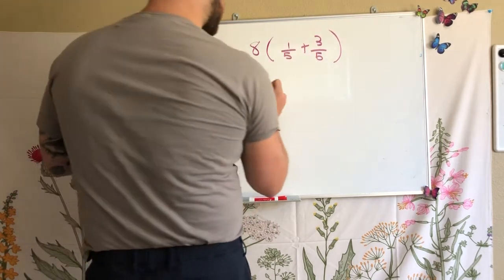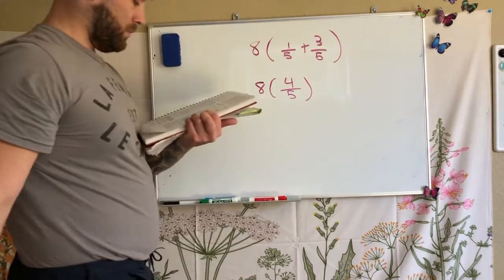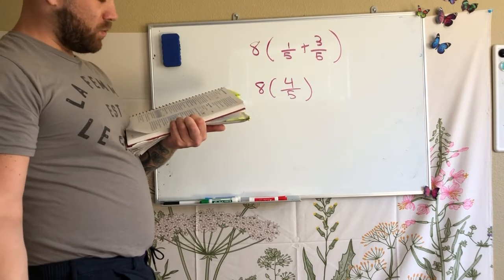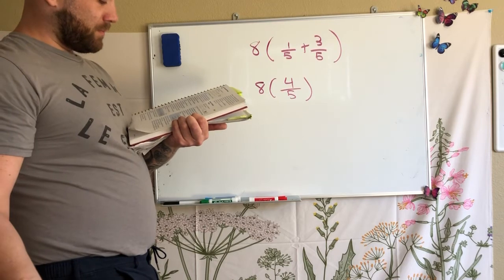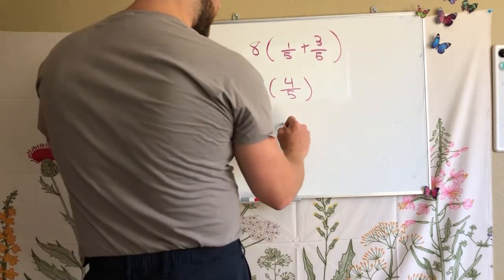So I'm going to add my fractions together. So what's the quantity inside the parentheses? 4/5. What did you multiply 4/5 by? 8. And as we know, that would be 8 over 1. So what did you get?